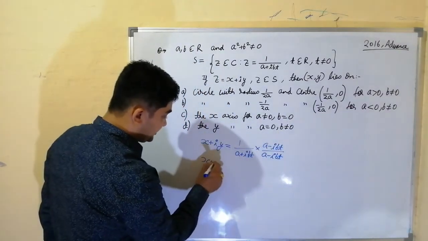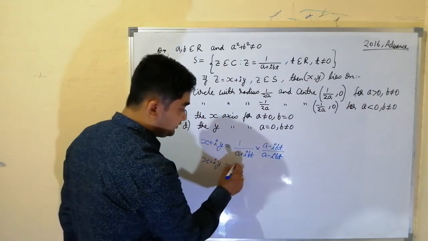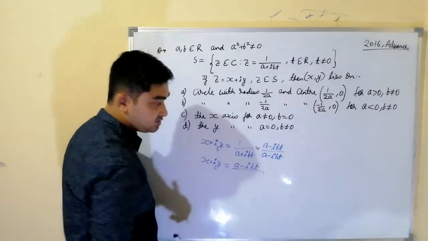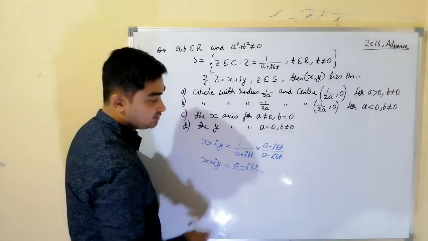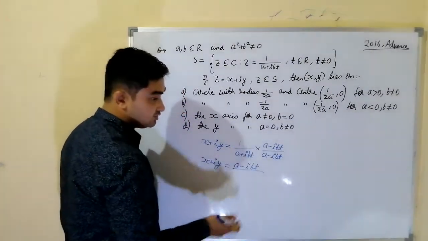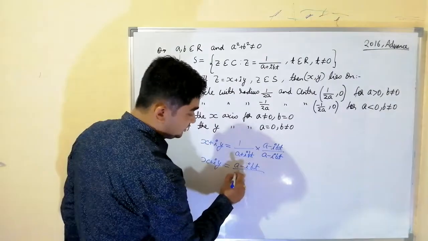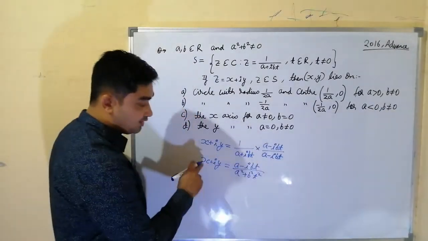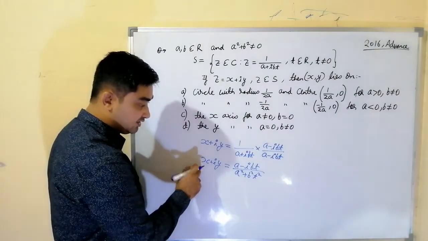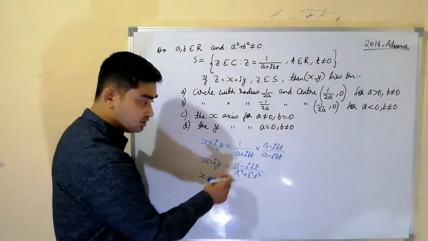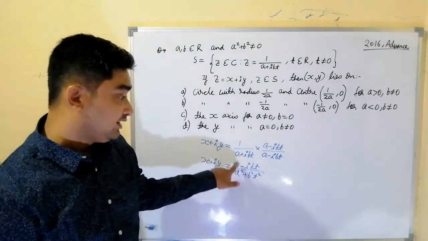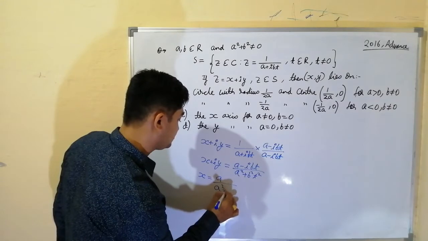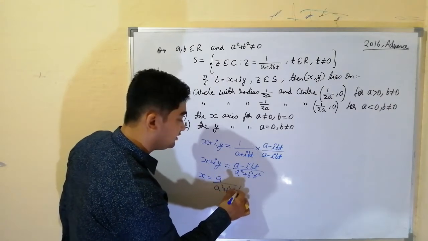Then the left hand side is as it is, x plus iota y. The right hand side becomes a minus iota bt divided by a plus b into a minus b, which is a square minus b square. But iota square is minus 1, which makes minus into plus. So we get the denominator as a square plus b square t square. Now on the left hand side the real part is x, and on the right hand side the real part is a divided by a square plus b square t square.